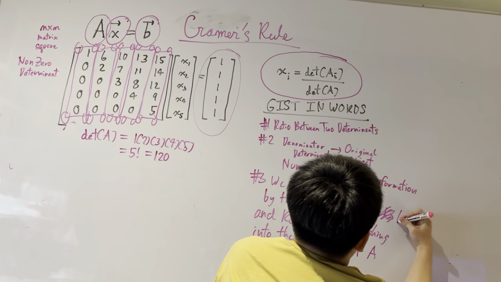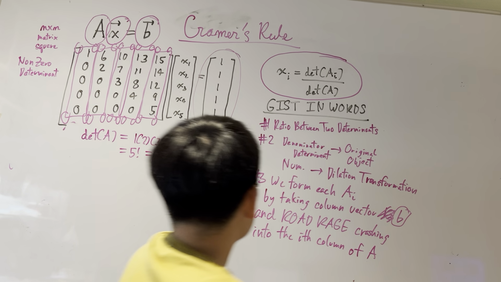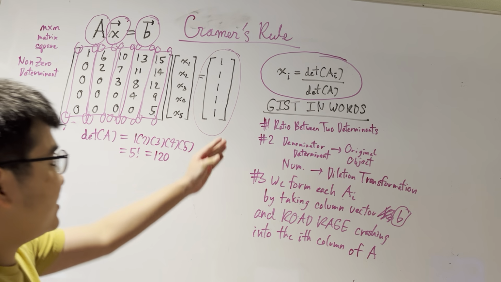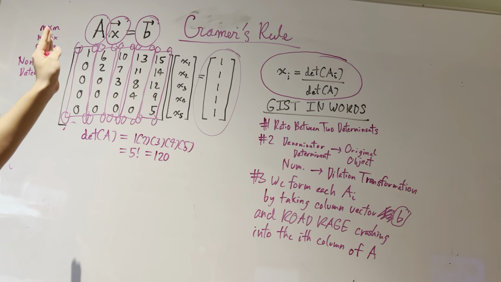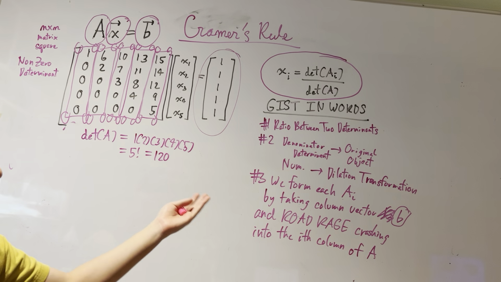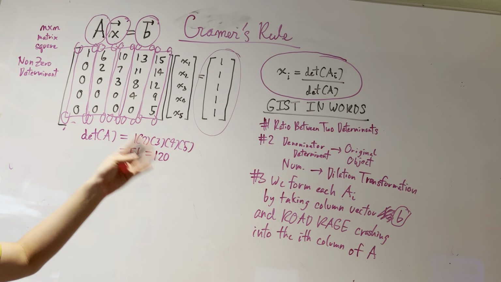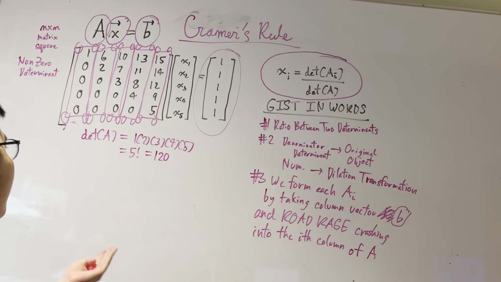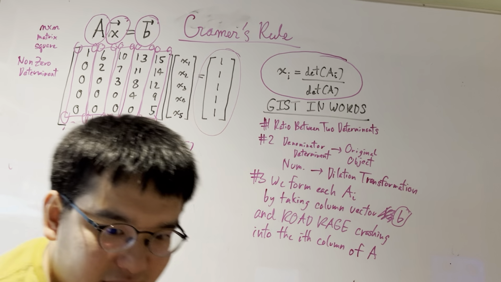Let me write that lowercase b here. Then proceed to take the computation of determinants and do the same results, and we'll get our answers, which will be either approximate or exact in this case.